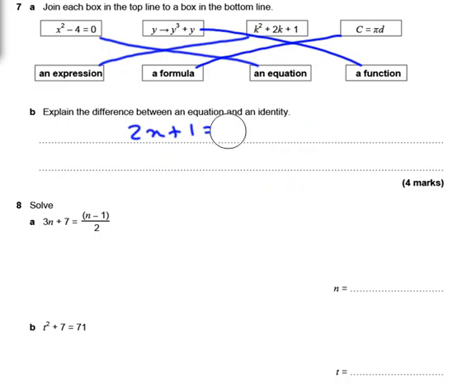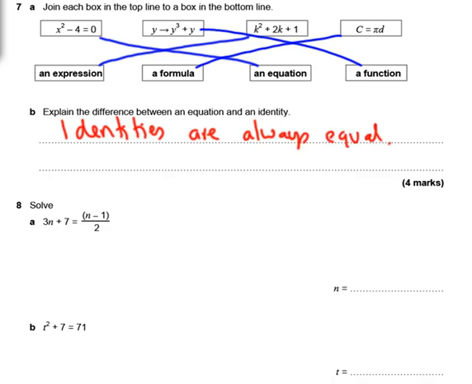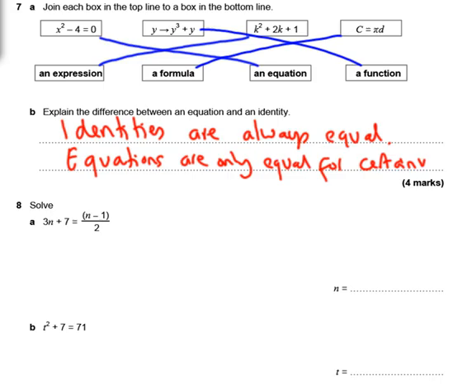So just to summarize that into a sentence then, we could say that identities are always equal, equations are only equal for certain values.